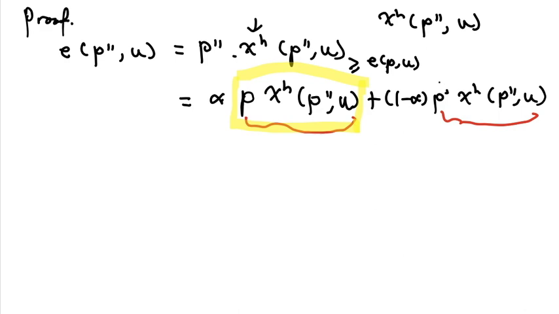And this bit is actually more than the expenditure evaluated at P prime for a given utility, isn't it?